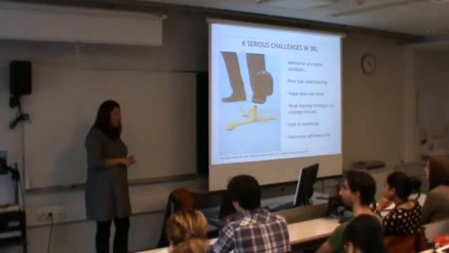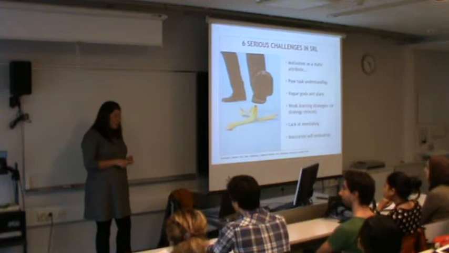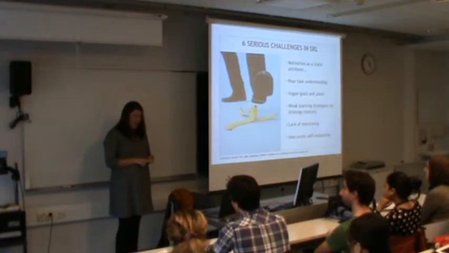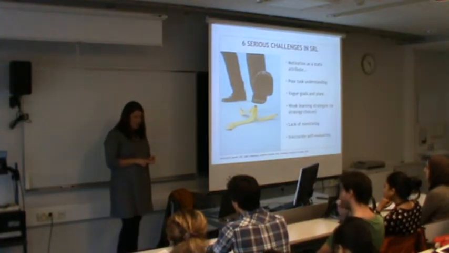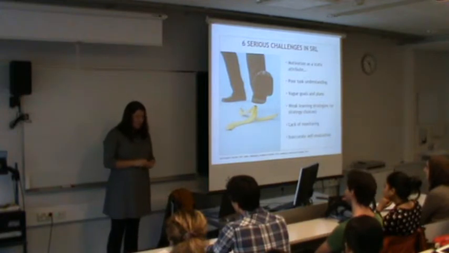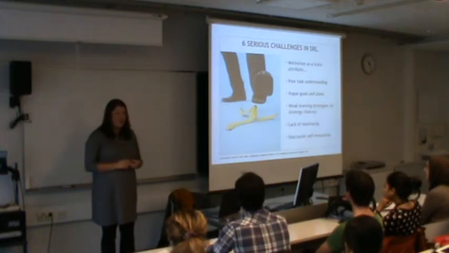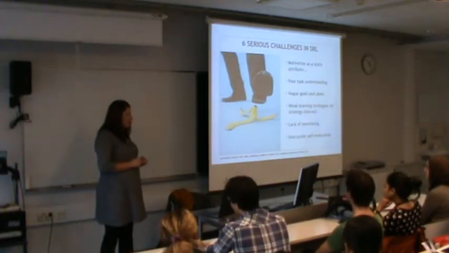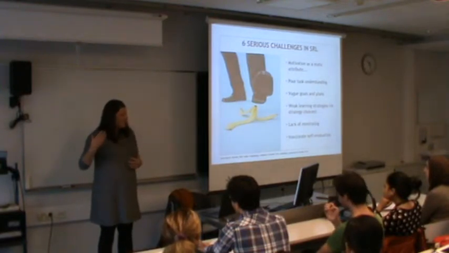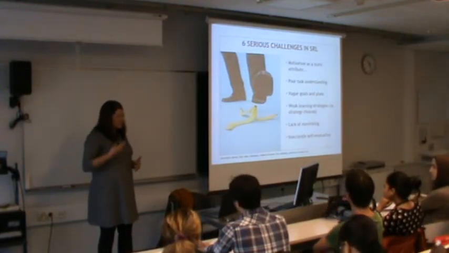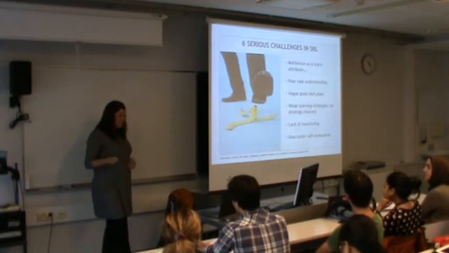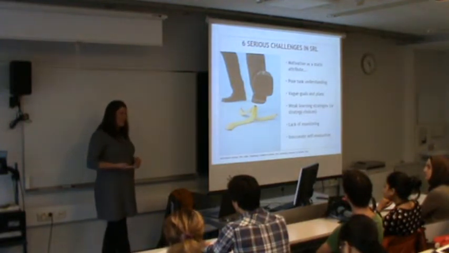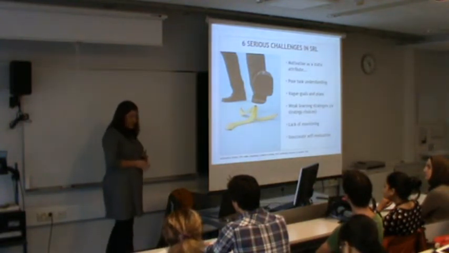If you don't know what you are expected to learn, how can you plan your learning? Weak learning strategies and strategy choices. And also inaccurate monitoring. If you don't know how to monitor progress towards task goals, it's kind of impossible, or very difficult, to engage in self-regulated learning.